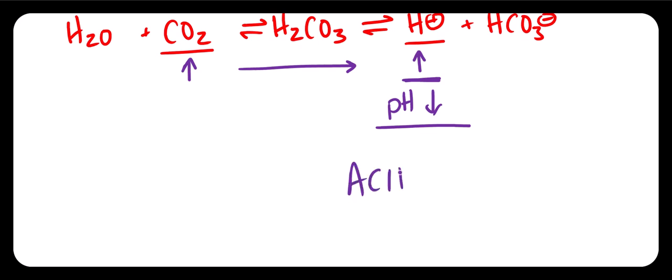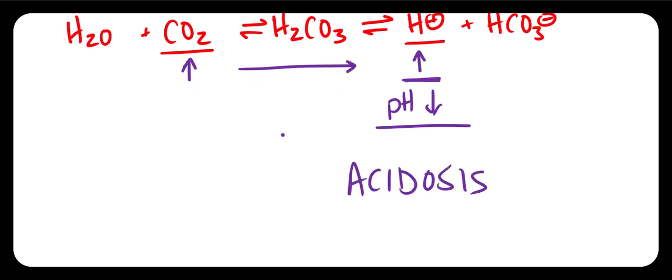I'm going to get a condition called acidosis. There are two ways that I can get acidosis. One is I can get it through a respiratory mechanism. Or I can get it through a metabolic mechanism.